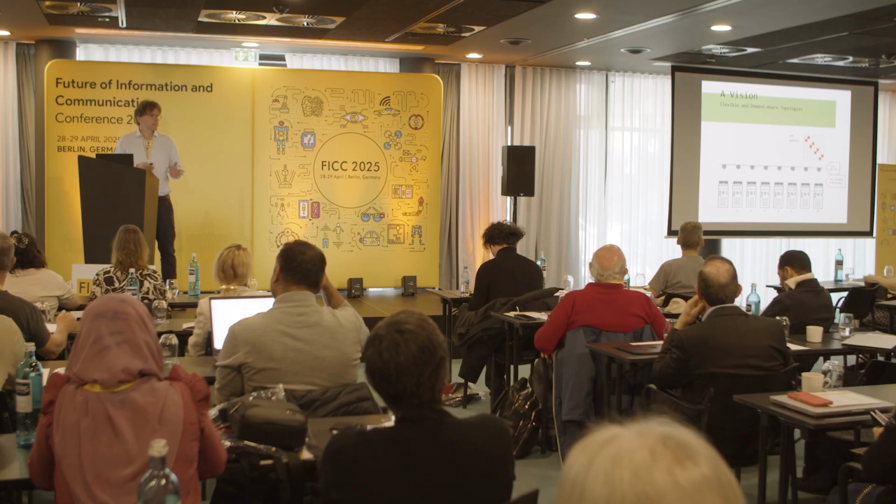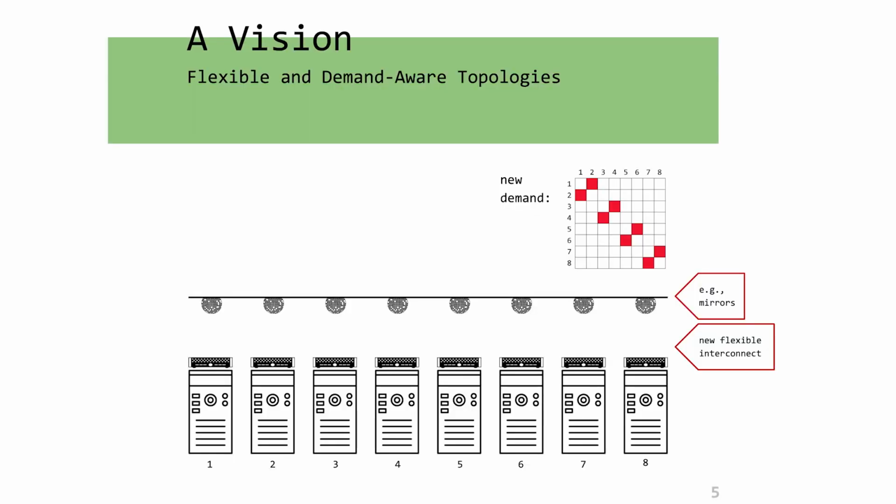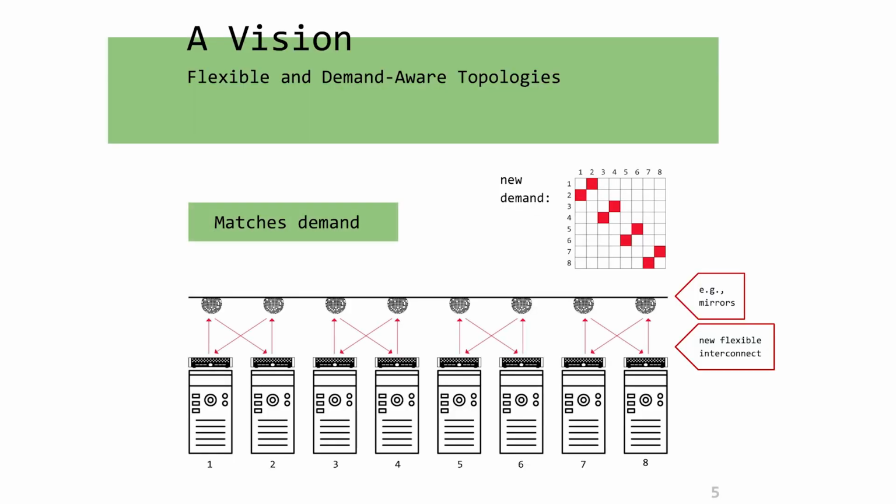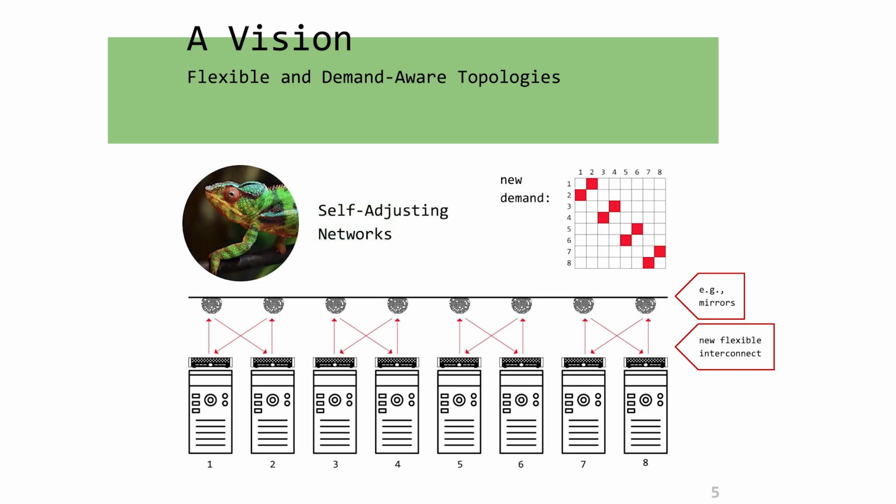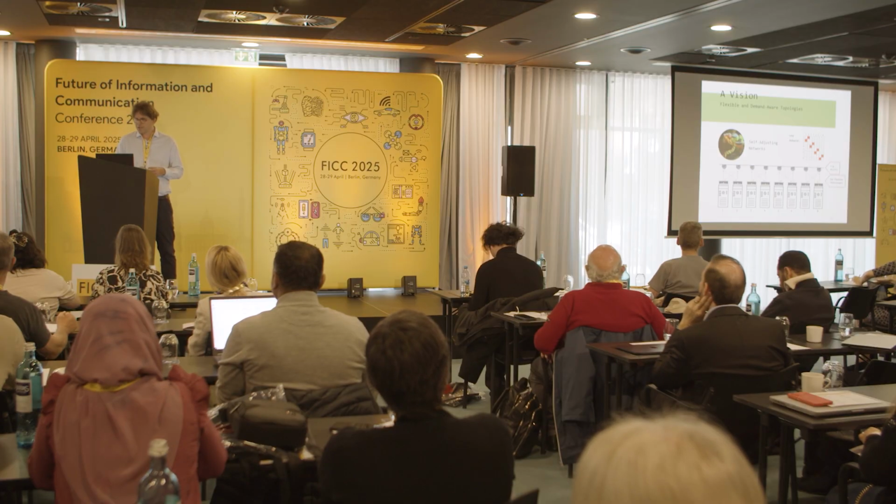Maybe later the traffic demand changes. Then again, you would like to have an interconnect in the data center that matches this demand. That's the vision of demand-aware networks or self-adjusting networks. There is a nice analogy that maybe you know in San Francisco. They have the Golden Gate Bridge, and they have the Golden Gate Zipper.